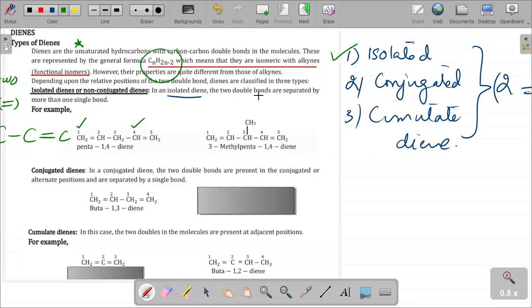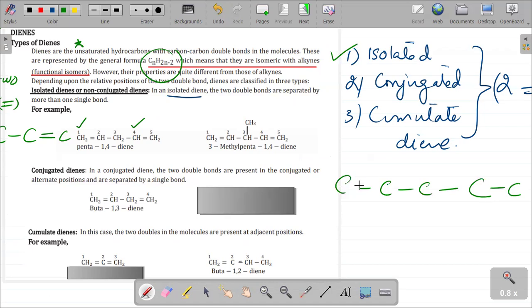And it contains two double bonds which are separated by more than one single bond. This means that, for example, we have a five carbon compound, carbon number one, two, three, four, and five. And between the two double bonds, there are multiple single bonds, right?